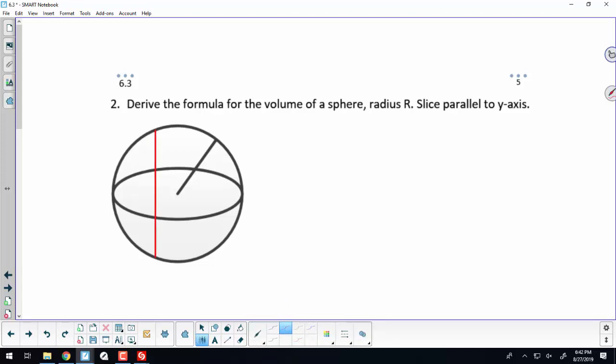Which means what for us? With respect to y or with respect to x? dx. Yeah, because again, just imagine this little thin rectangle, its thickness dx.